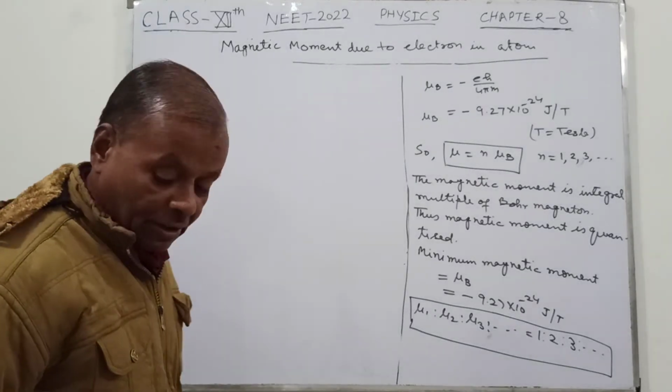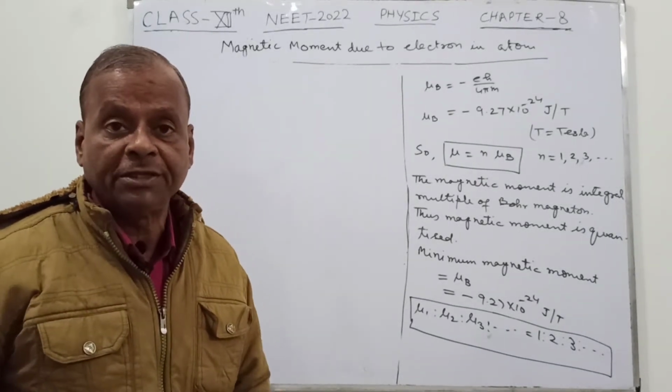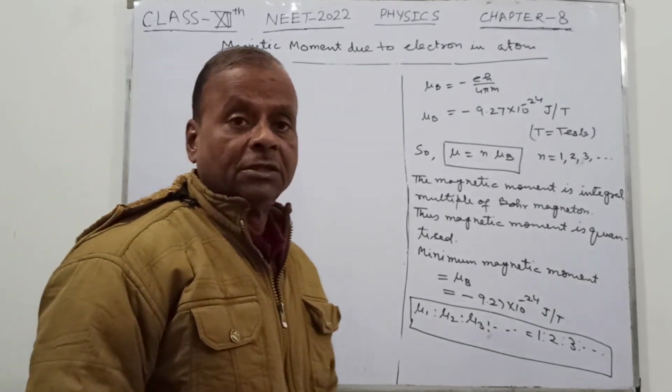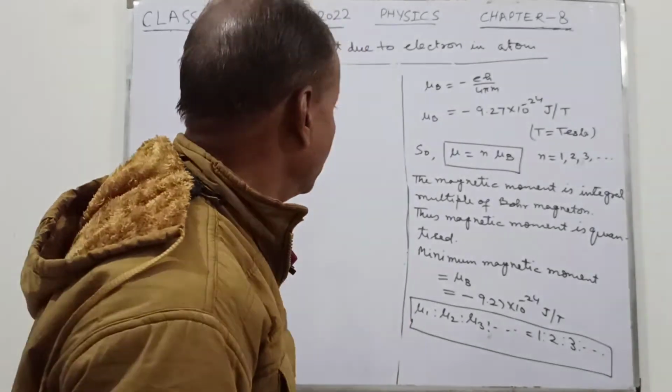This gives you the idea that the minimum magnetic moment is possessed in the first orbit of the electron.